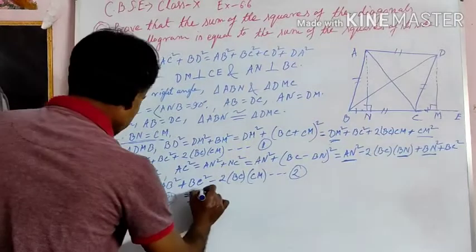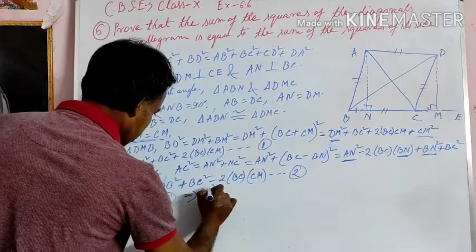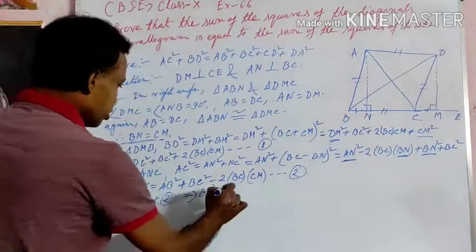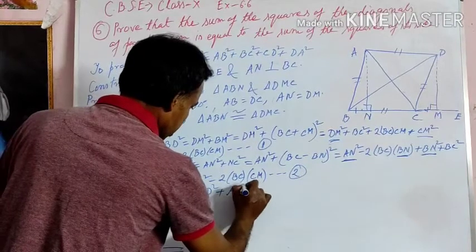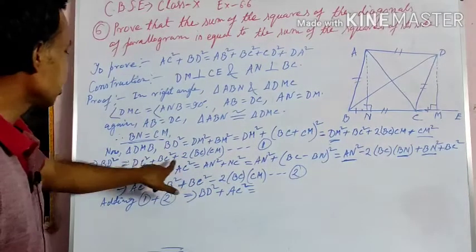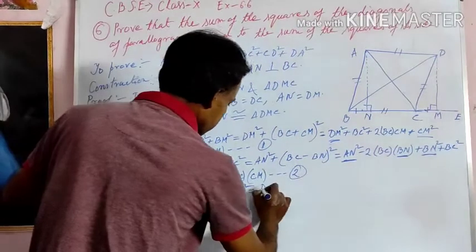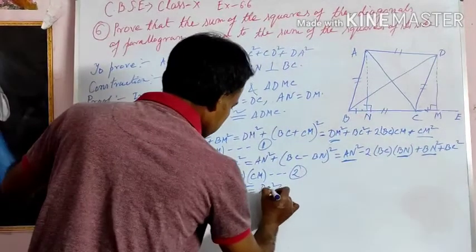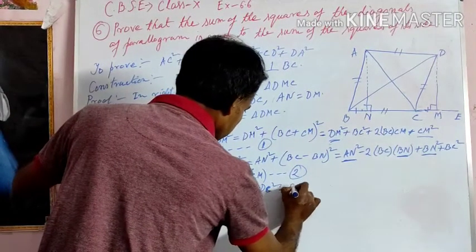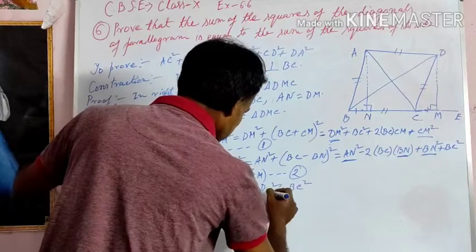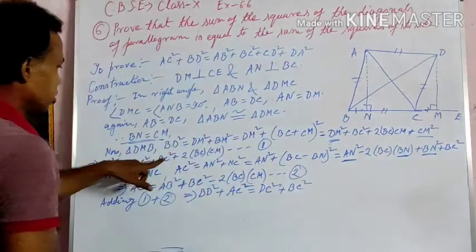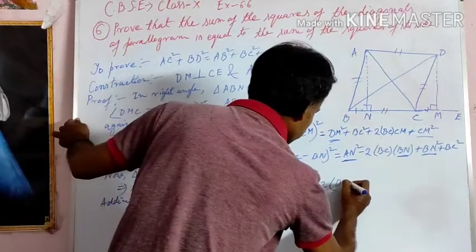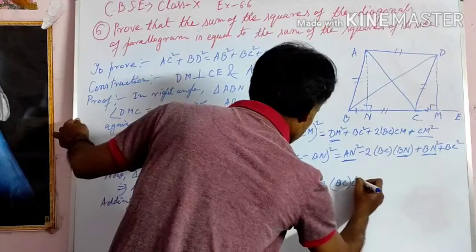That is left hand side BD square, plus in equation 2 left hand side AC square, is equal to, in equation 1, DC square plus BC square plus twice BC into CM.